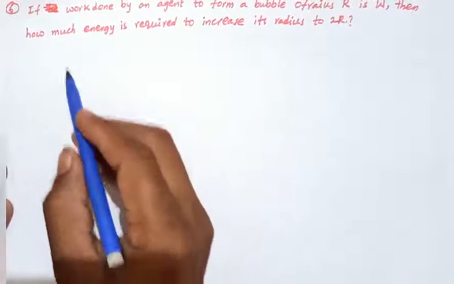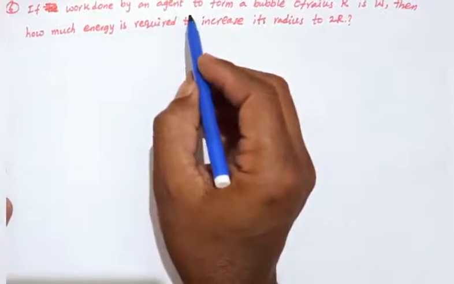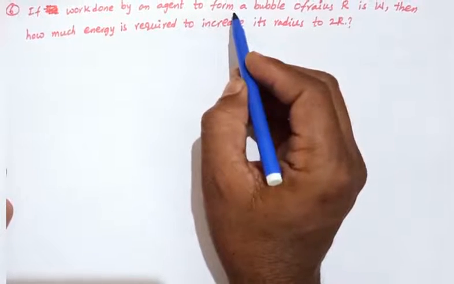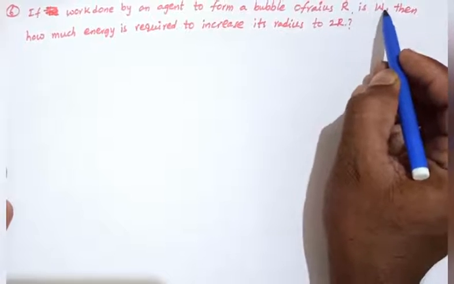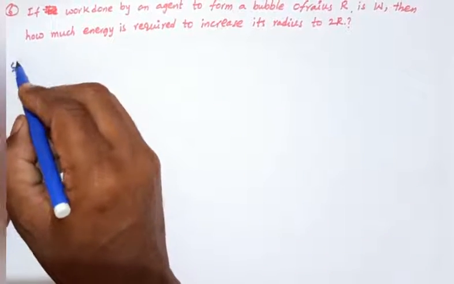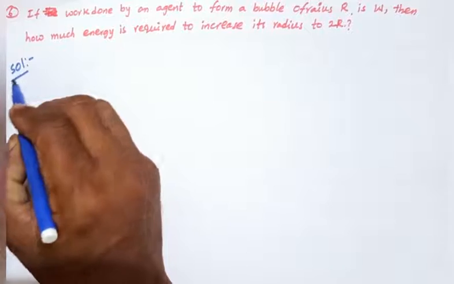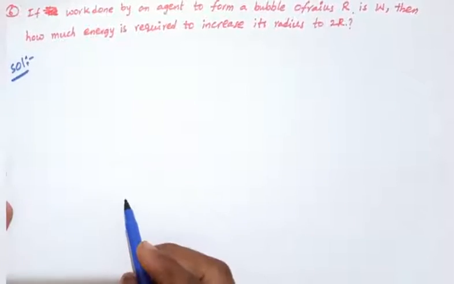So next problem. If the work done by an agent to form a bubble of radius R is W. We consider here the soap bubble.